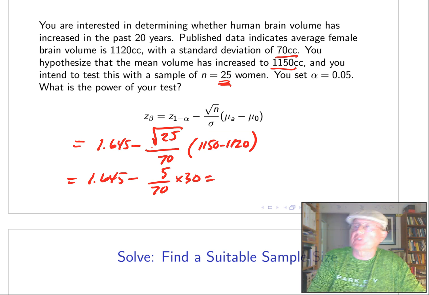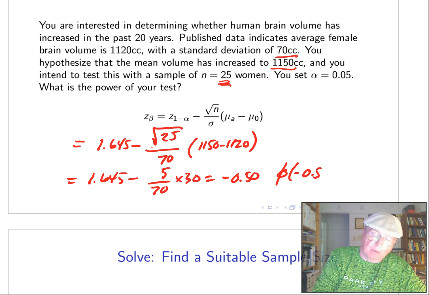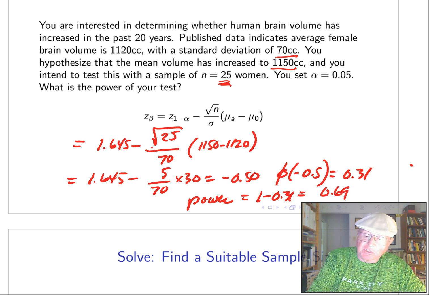A little calculator work shows this to be minus 0.50. And when we look that up in the Z table, we get a probability of 0.31. So power is 1 minus 0.31 equals 0.69, which is a little weak.